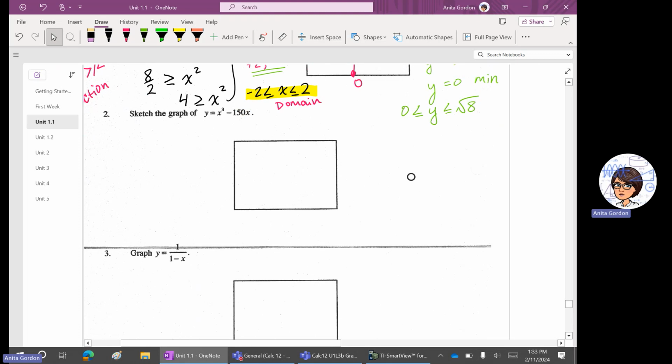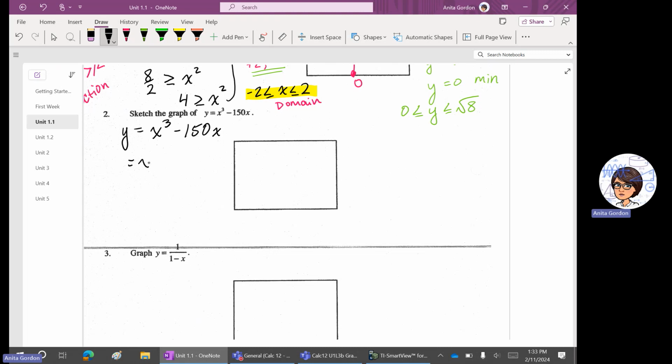Sketch the graph of x cubed minus 150x. So here I have x cubed minus 150x. Oops, 150, not 15. Typically with polynomials, if you can get it into a factored form or vertex form, that will help you find where the key points are, and that'll help you find the domain and the range.